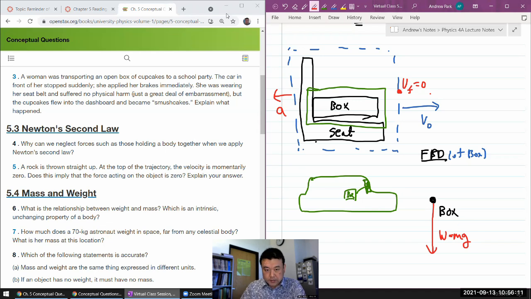So as I draw this force on the box, if I have a net downward force, the box must be accelerating downward. And that's not the description of acceleration of the box I have. It's not accelerating vertically. So vertically forces must balance out, which means there must be another force that balances out gravity. That's what we call normal force, the support force from the seat. Okay, so the box is not accelerating vertically.